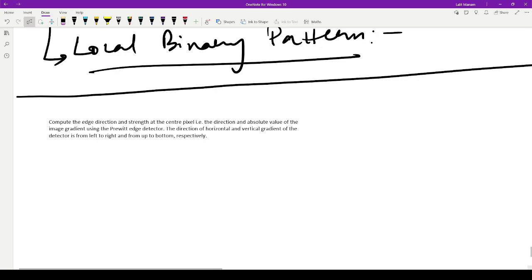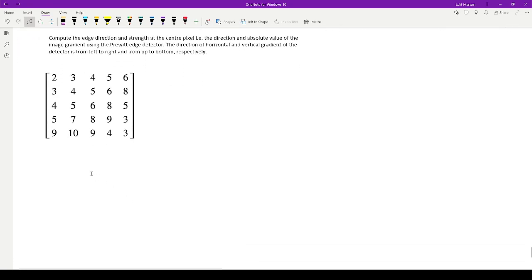Okay, so we have a question related to image gradients, which we actually spent a lot of time on. I think because of that you should be able to answer it fast.